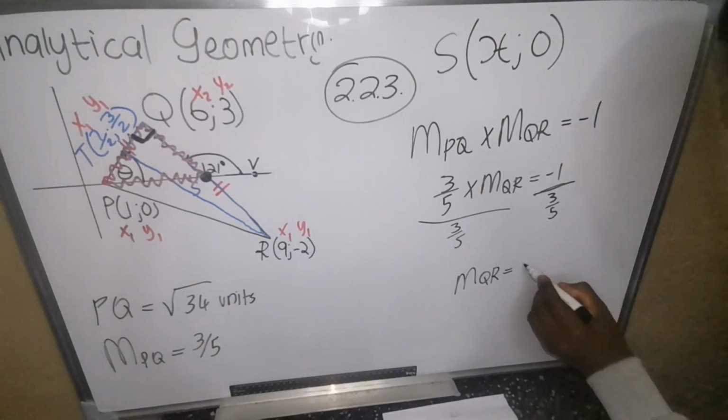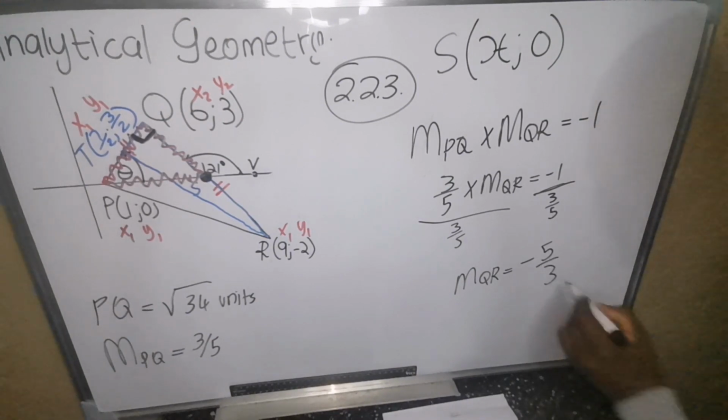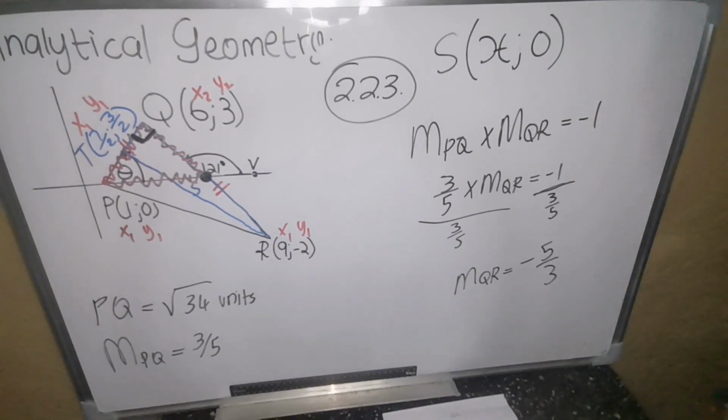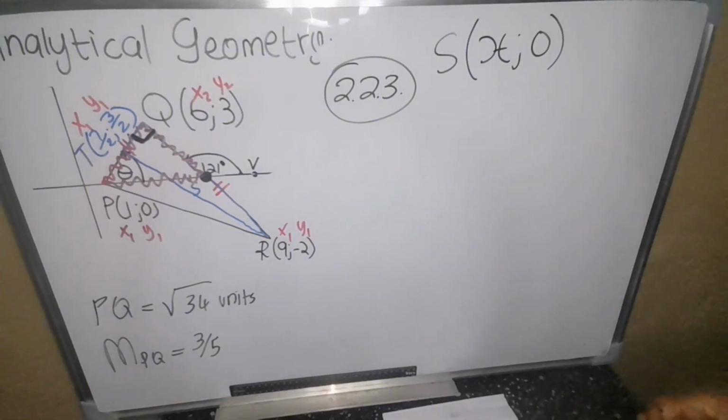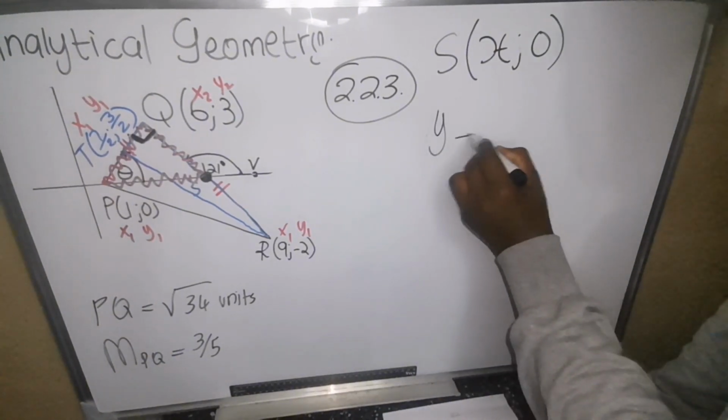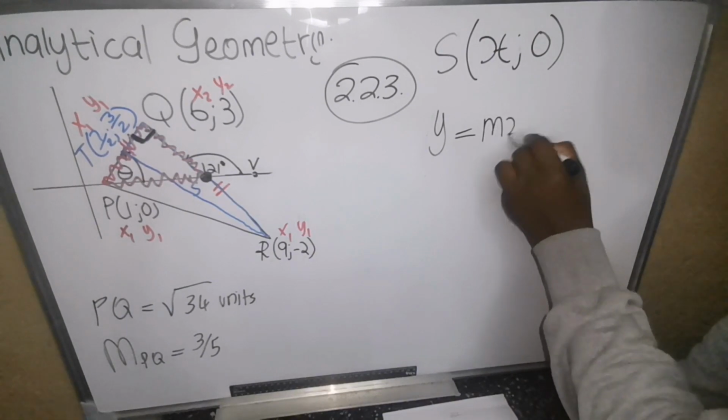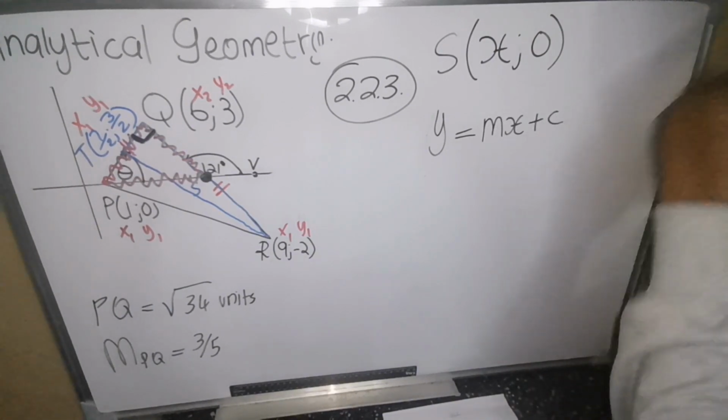The answer is -5/3. This is the gradient for QR. Therefore, y equals mx plus c.